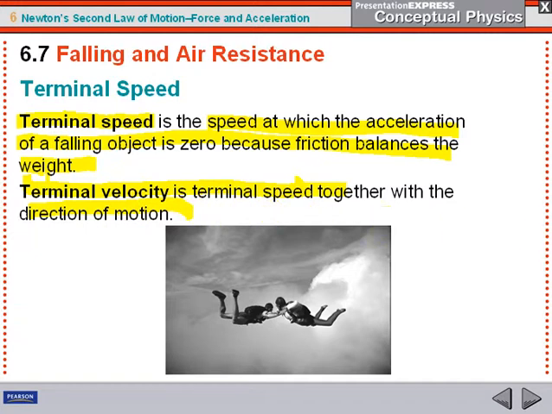For the purposes of this chapter and this section, don't worry about the difference between terminal speed and terminal velocity. One's a vector and one's a scalar. The reason why is we're going to assume for the most part that the direction is known. In most cases, the direction is going to be downward because we're going to be talking about something skydiving or falling through the air.